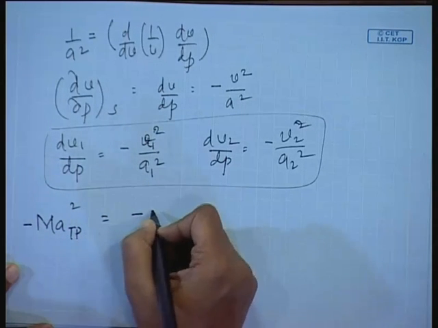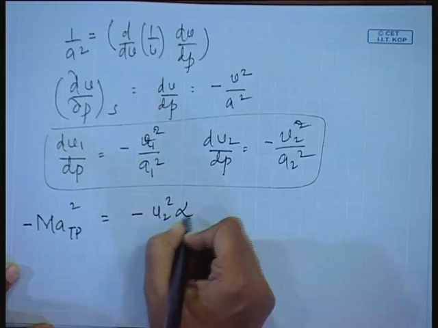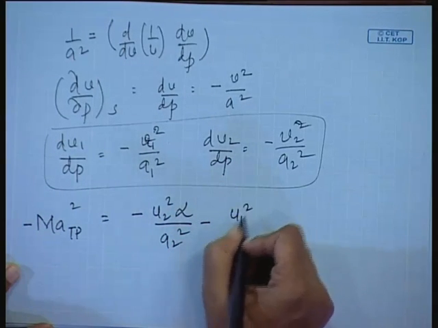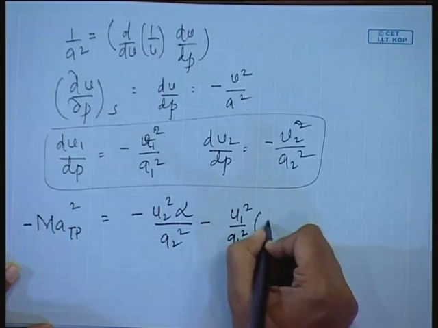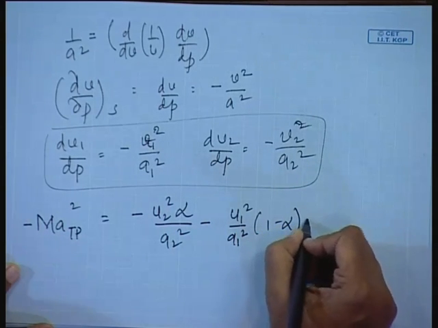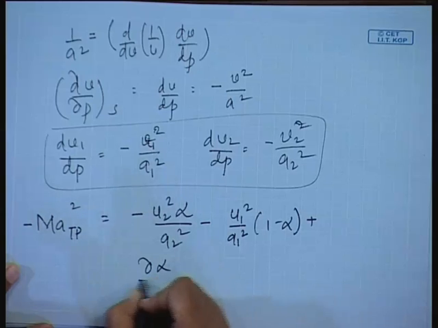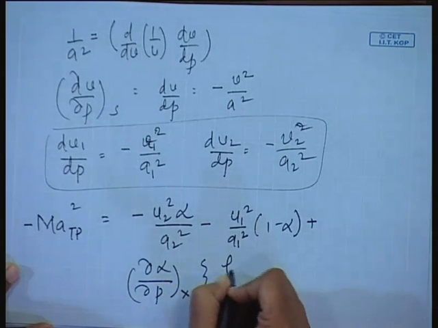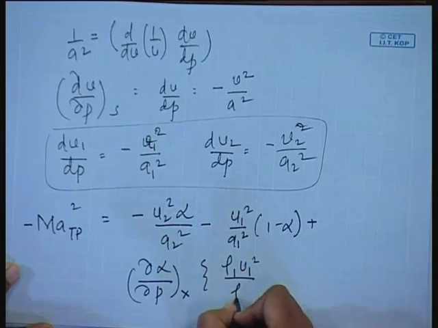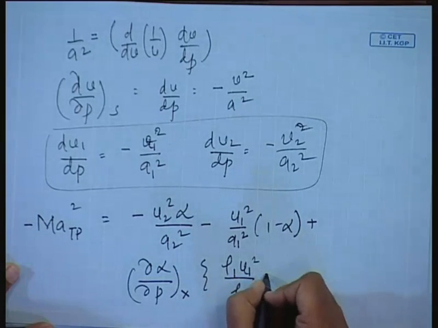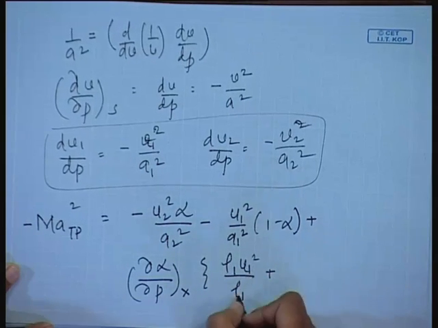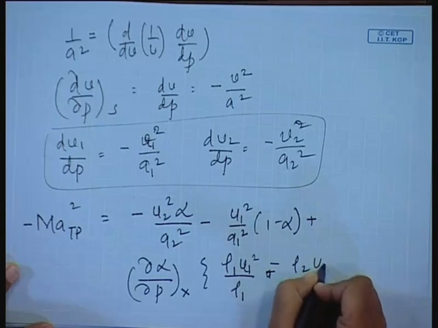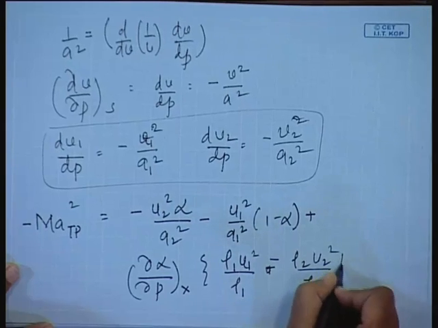This becomes equal to, you just see whether you are getting these terms or not, minus u1 square by a1 square into 1 minus alpha plus del alpha del p at constant x, rho 1 u1 square by rho 1, plus this rho 1 means from V1 I have made it 1 by rho 1, minus rho 2 U2 square by rho 2.